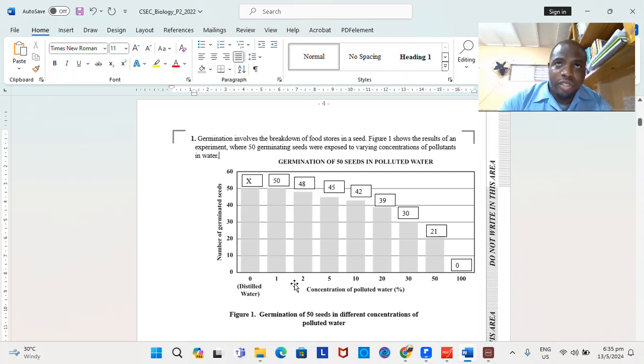And that is just there to ensure that there is no misunderstanding when it comes to what is causing the implication of the polluted water. So you must have one that does not have any form of pollution or concentrated pollutants in the water, so that you can use it as a control to compare.